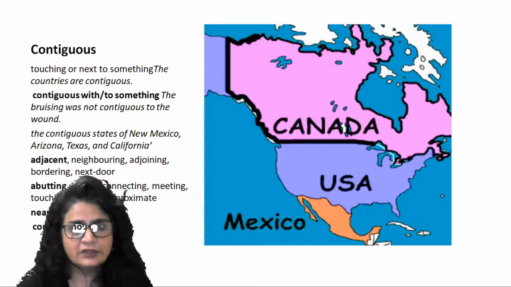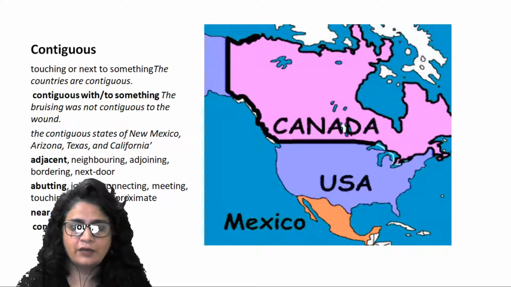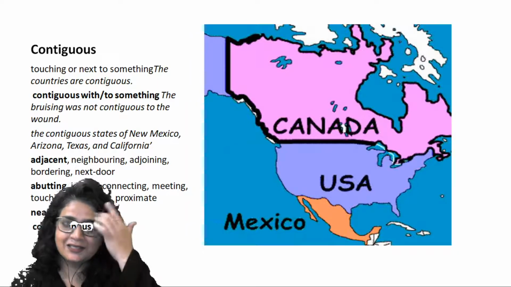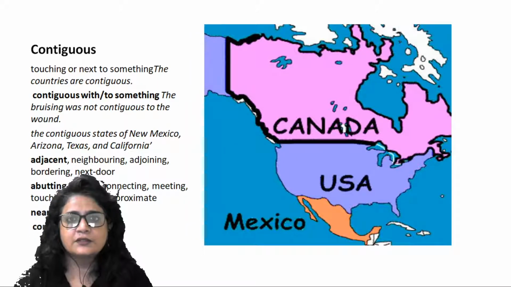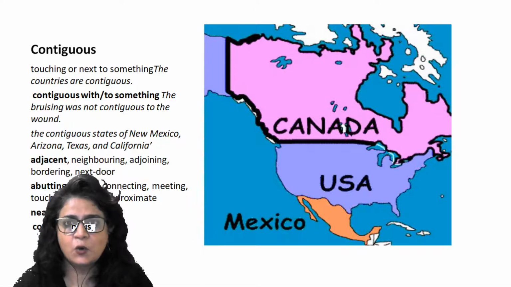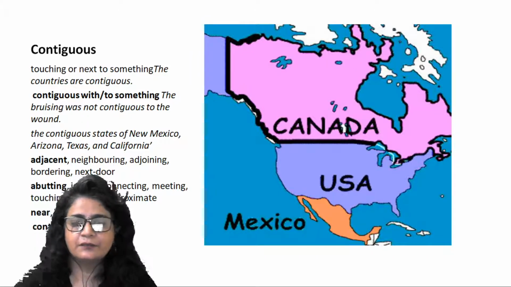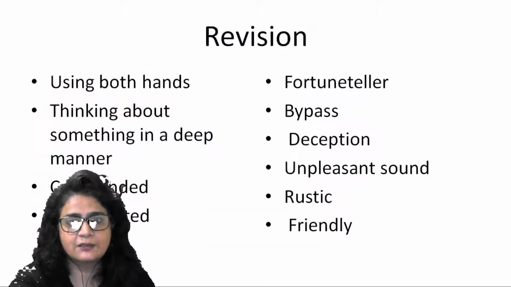Adjacent, we did this word, neighboring, adjoining, bordering, next to, right? Abutting is another word. Coterminous, though an archaic word, can still be used for those things which are touching each other. Coterminous boundaries of North Korea and South Korea, right? So contiguous, touching, next to each other. We did this word earlier, adjacent. So it's synonymous with adjacent.